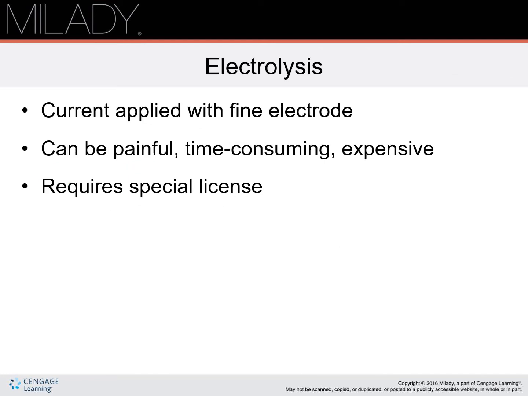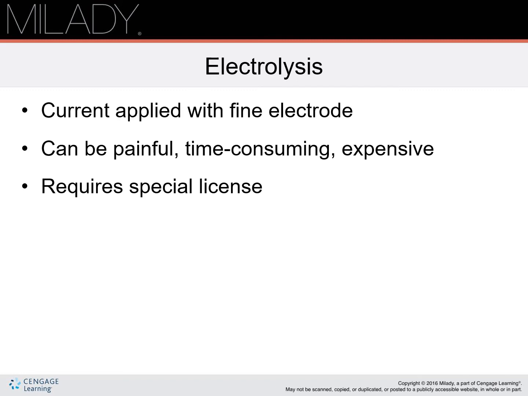Okay, so let's go more in depth about electrolysis. This is when a current is applied with a fine electrode. It can be very painful, but technology has come a long way. So although it's painful now, it's not as painful as it once was. It can be very time consuming, and it is very expensive.